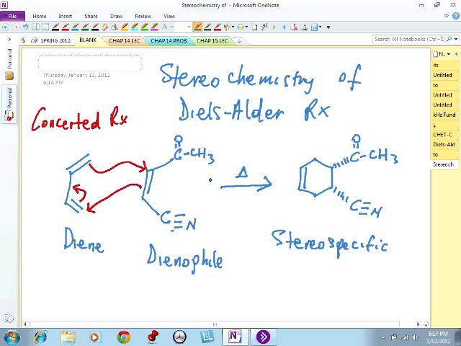So if you start with a cis dienophile, with these two groups on the same side, that stereochemistry will be maintained in the product. Okay?